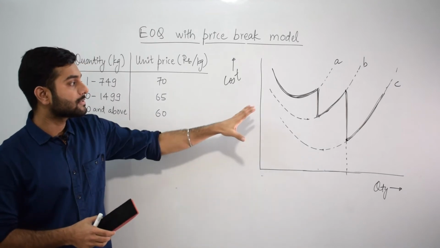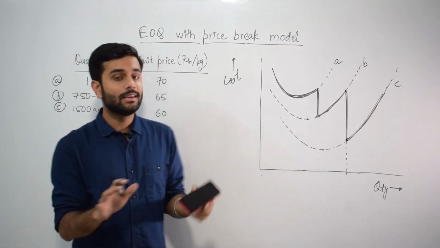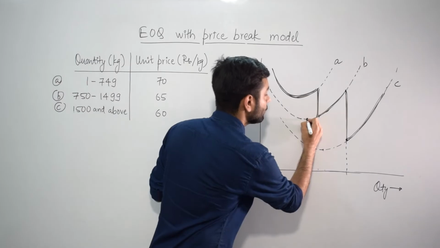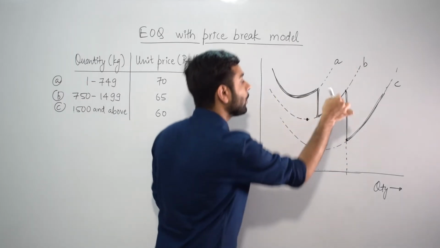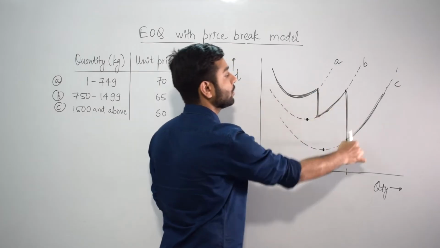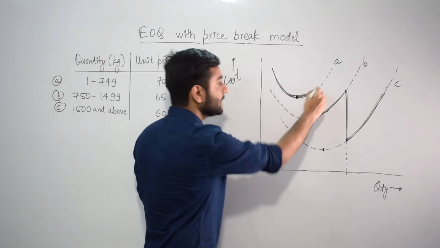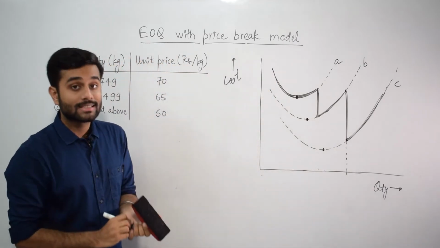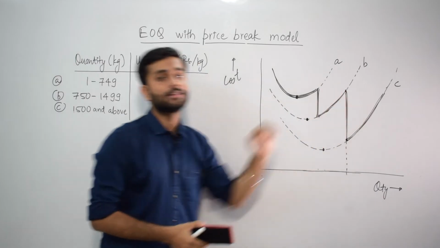Now there is something to understand here: it is not necessary that the EOQ for any given price slab is going to fall in this solid line. EOQ for A is definitely lying in the solid line, but you can see that EOQ for B is not in the given quantity range.